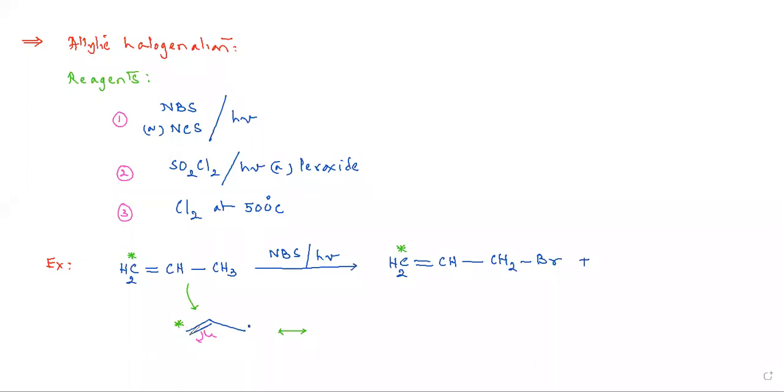Because of this, you get two free radicals here. Now then, these two combine. Okay, so finally, we get this one. But still, the labeled carbon will be here only.